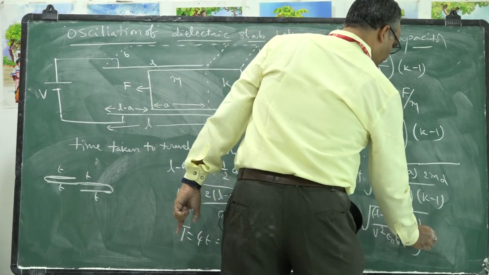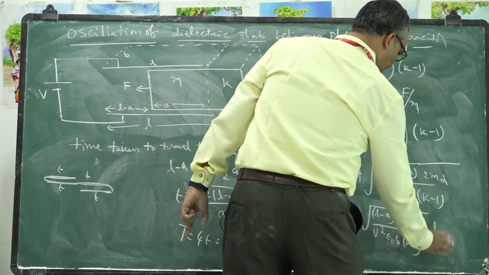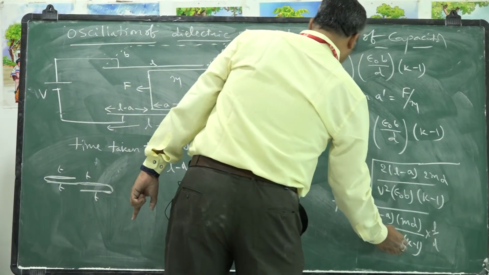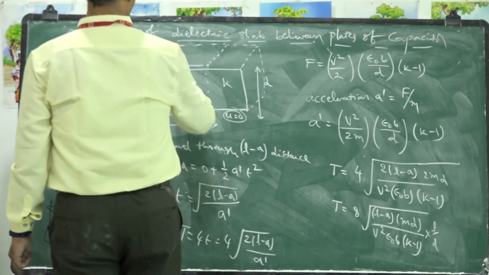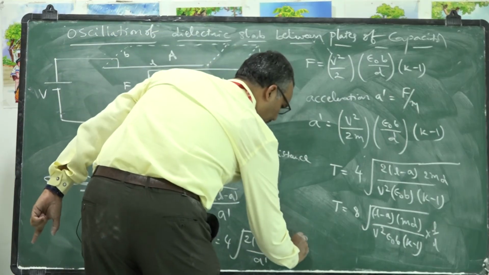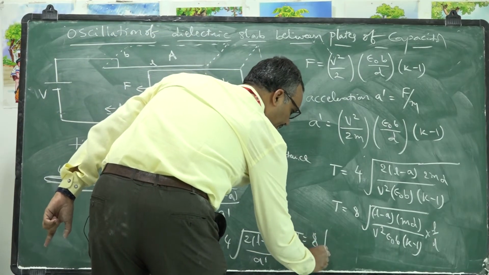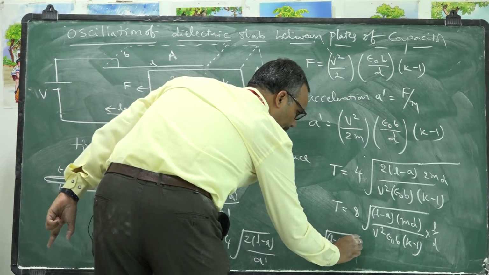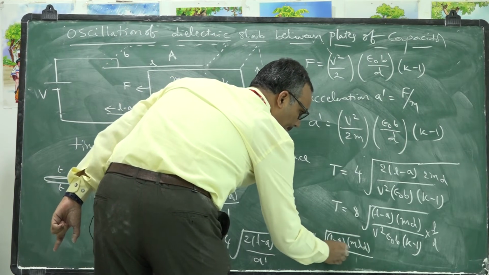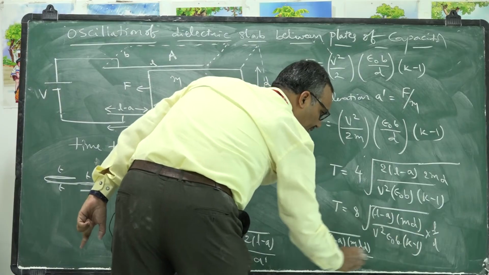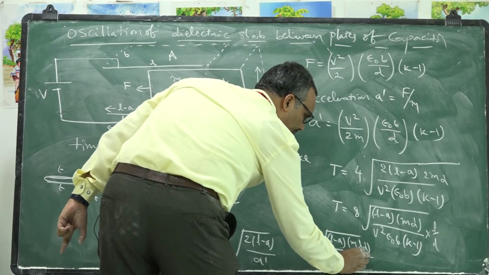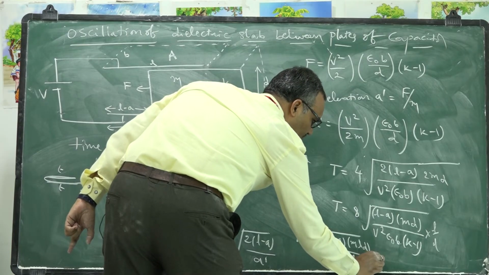If I multiply with L and divide with L, length into breadth will give the area of the plate. So time period is given by 8 into square root of L minus a into mLd by length into breadth, I can take it as area, V square epsilon naught area of the plate into k minus 1.